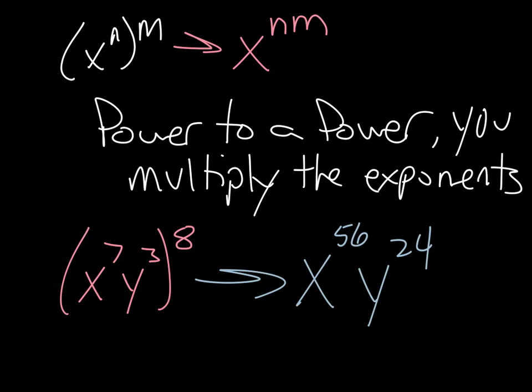Okay? So the first thing that we're going to talk about, and we're going to go right up to the end, is switching them from radical form into exponential form. So let's start off with the generic form of it. Okay?